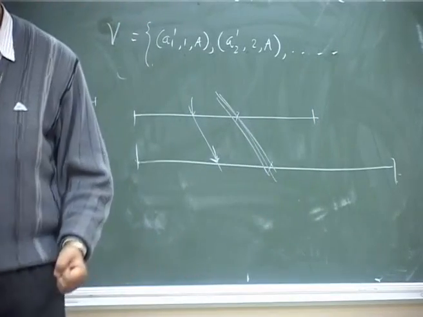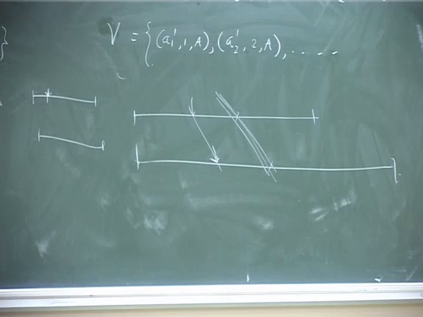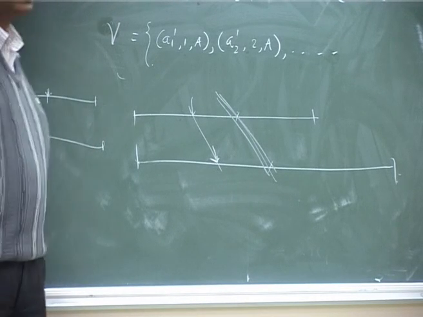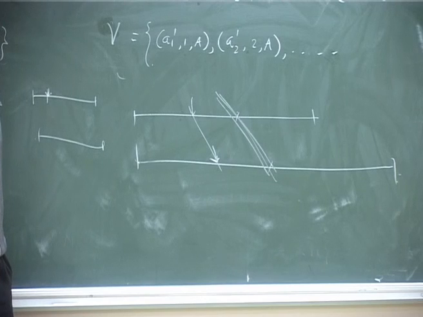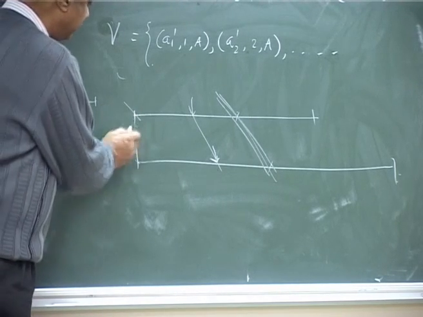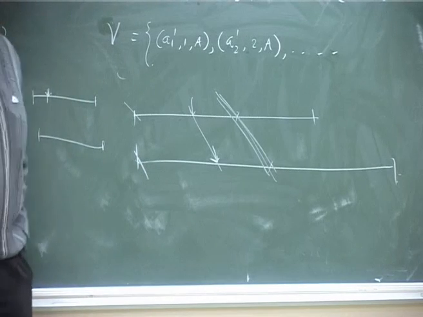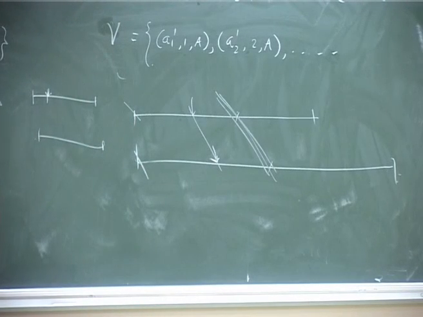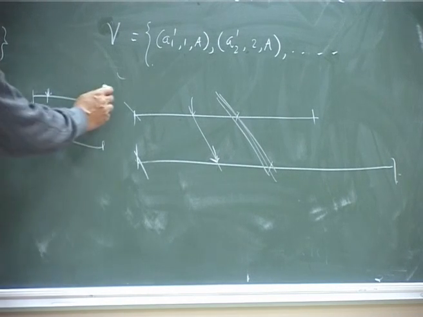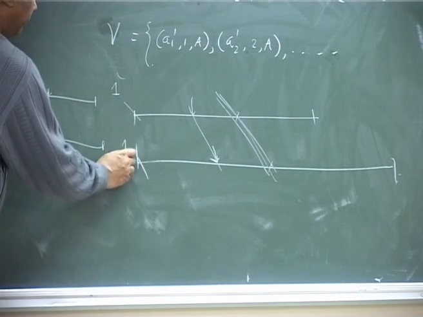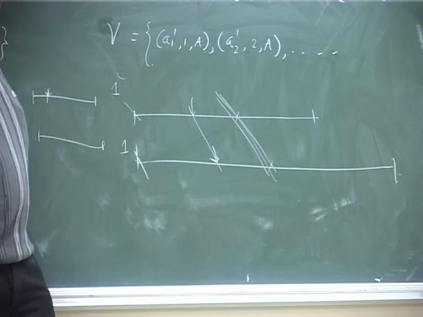Right? Now you have a total of 2n minus 2 elements in V. And one element is known to you, the starting element for the first processor, which is 1, 1. This is the starting element of A and the starting element of B. This is known to you.